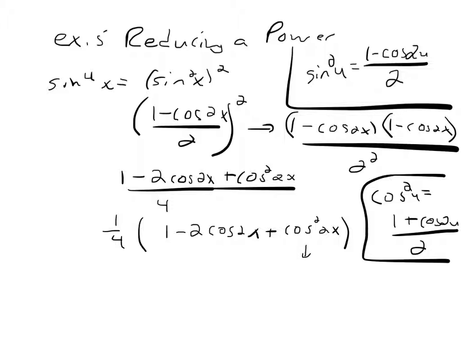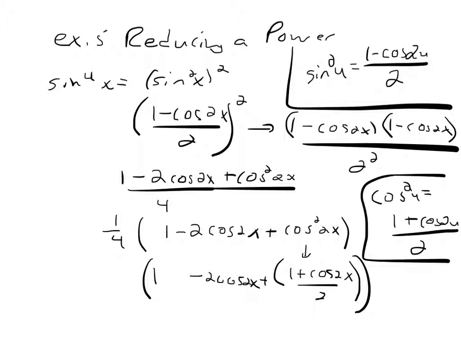So in for cosine squared of 2x, I can put 1 plus cosine of 2x all over 2. Now I still have my negative 2 cosine of 2x. I still have my 1 out in front, and I still have my 1/4.